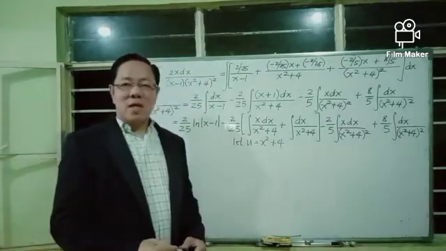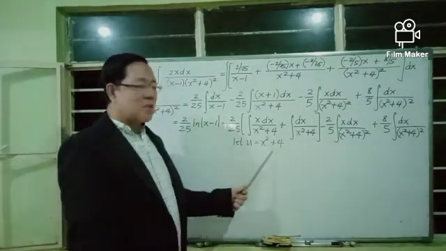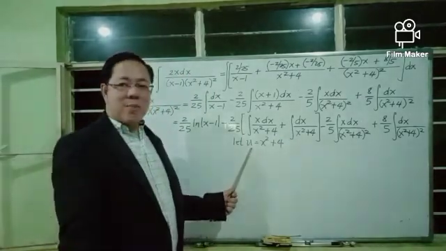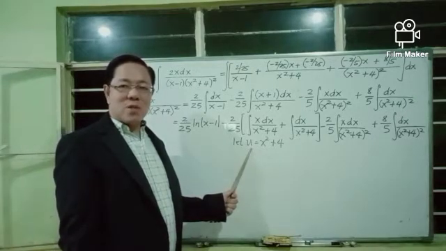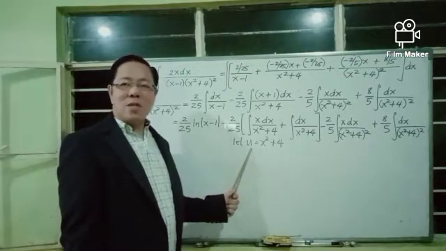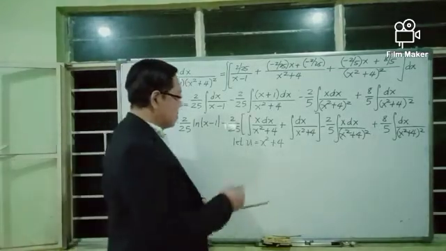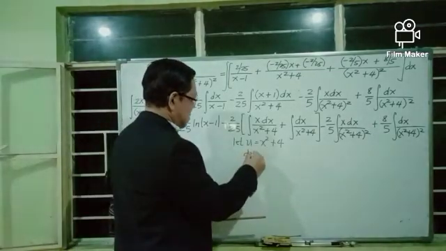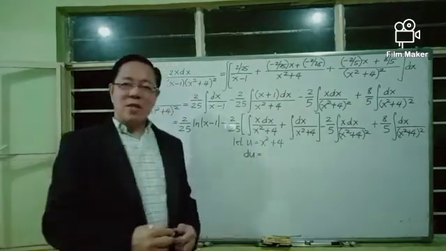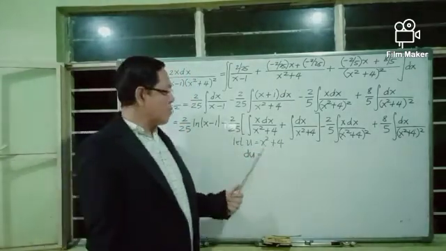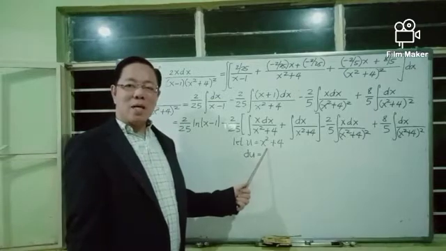If u equals x squared plus 4, we differentiate both sides. Differentiating u with respect to u, you get 1 times du. And differentiate the right hand side with respect to x. The derivative of x squared is 2x.